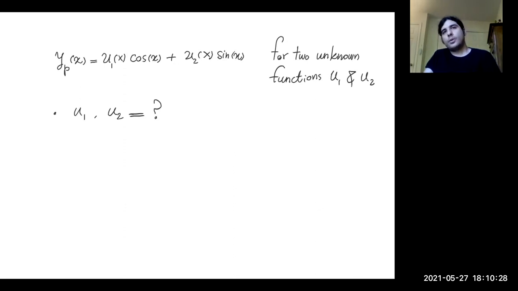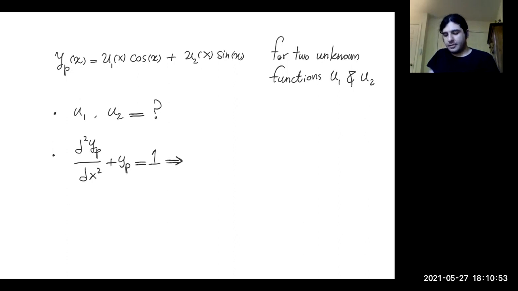Now, the point is that if this is a particular solution, it should satisfy the equation, right? So if yp is a particular solution, we should have the second derivative of yp plus yp equal to 1.